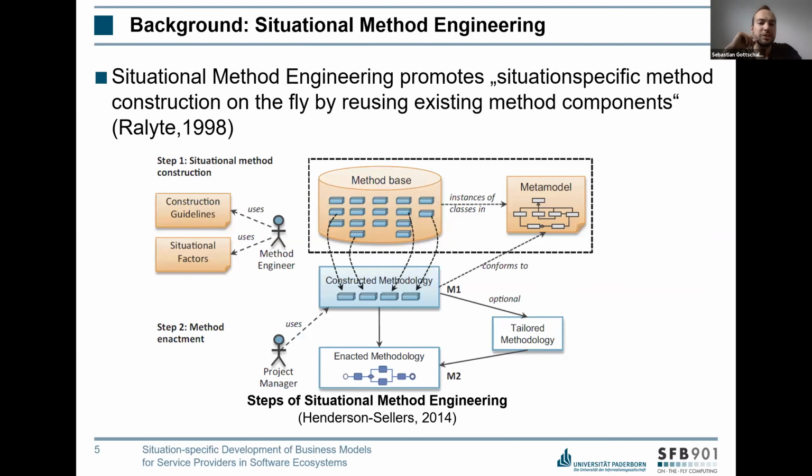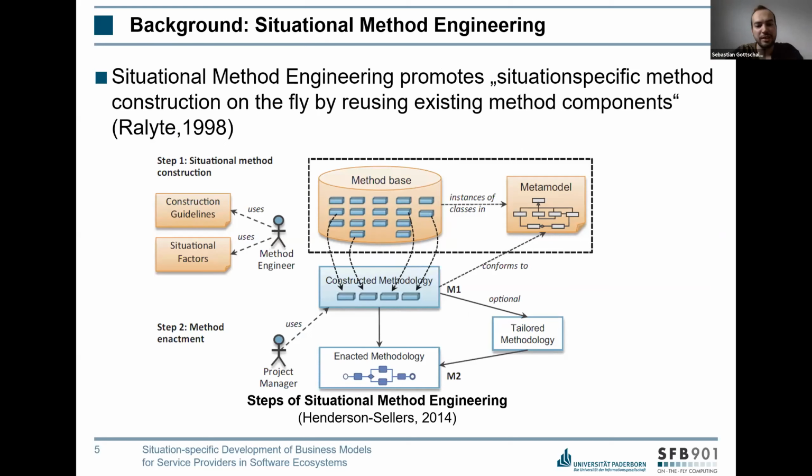So digital method engineering promotes situation-specific method construction on the fly by using existing method components. You can see that here on the slide: you have this method base where a lot of method components are in, and you have this method engineer who has some kind of construction guidelines, so how to arrange those components inside the method base to construct a methodology. And he has some kind of situational factors which he can cover inside this construction process.